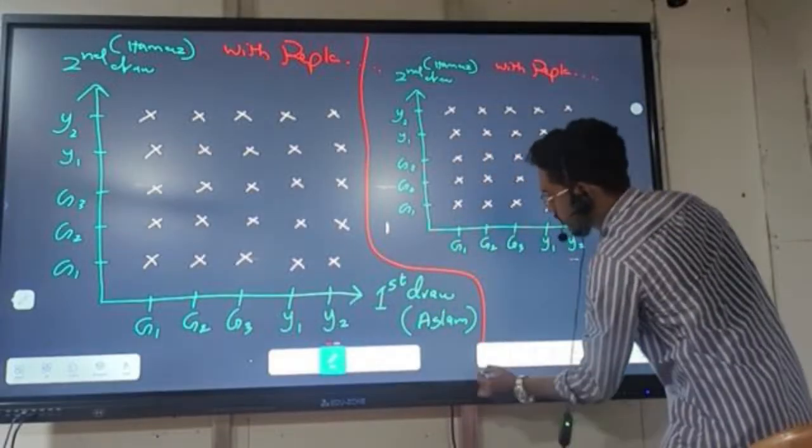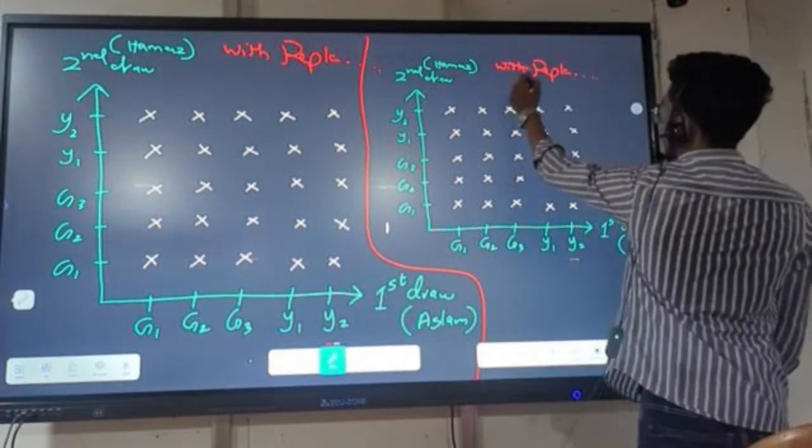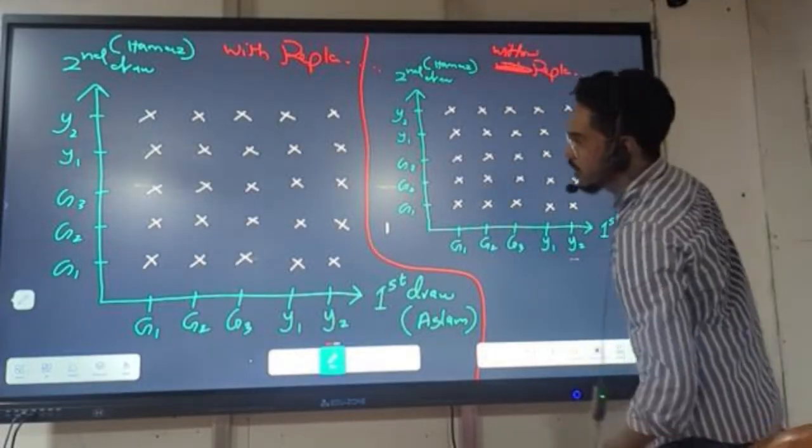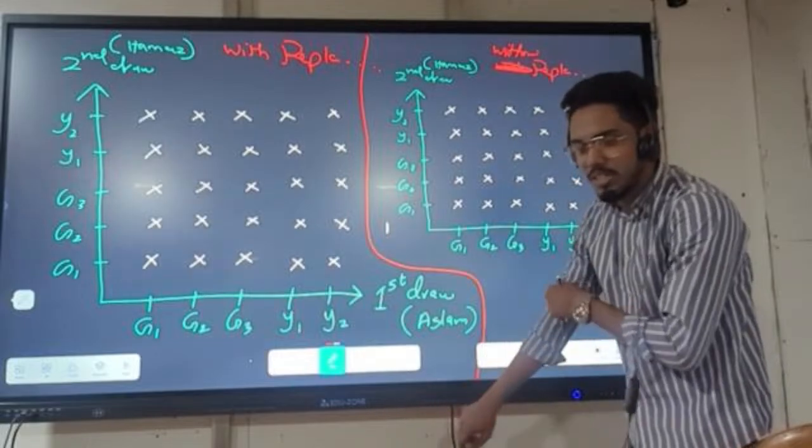So this section is with replacement, and what we have is without replacement. In without replacement, can you tell me what are the parts we have to remove?